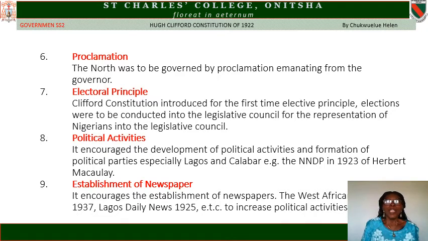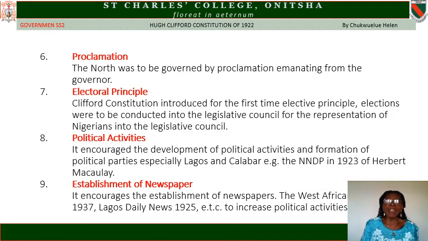Newspapers sprang up. The Constitution witnessed the birth of newspapers, journals, magazines, and pamphlets. And the Lagos Daily News was the first newspaper, established by Herbert Macaulay. And this newspaper increased political activities. It was used as a mouthpiece to criticize the activities of the British government and in the struggle for national independence.